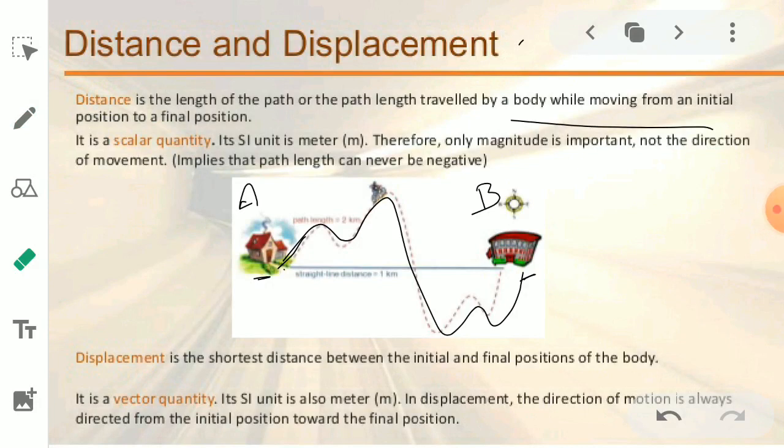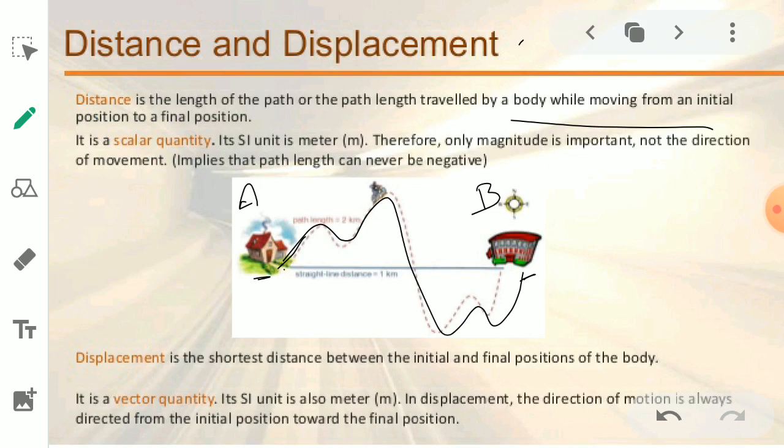When we define distance, distance is the length of the path covered or traveled by a body while moving from one point to another point, or from the initial point to the final position.